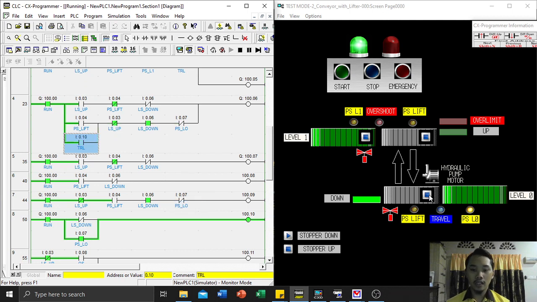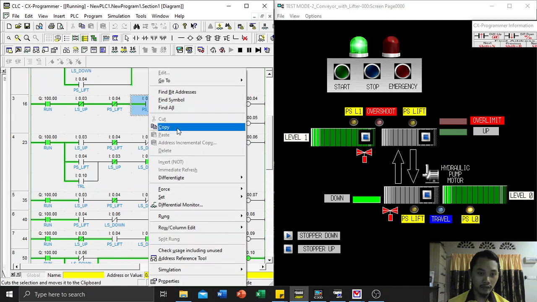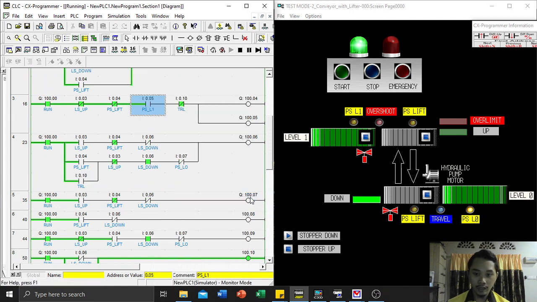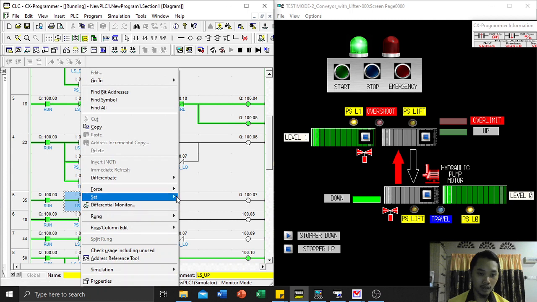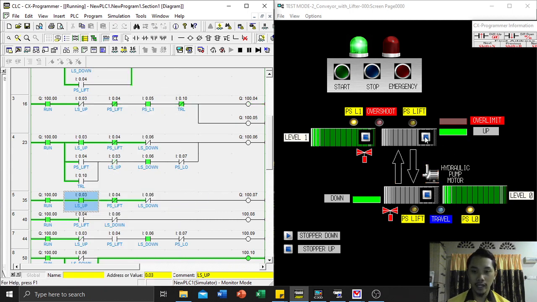Okay, for the interlock system, if the presence sensor at level 1 detects the load here, when the lifter is going up and the limit switch up is on, the lifter is in reality at the up position.